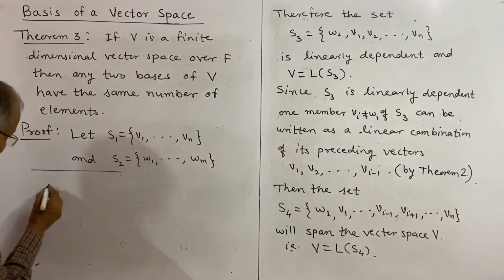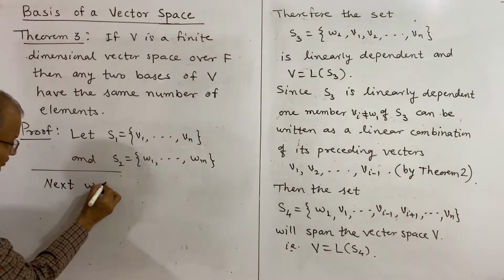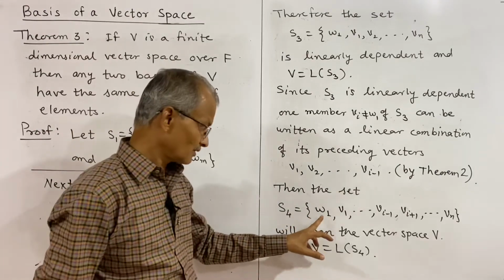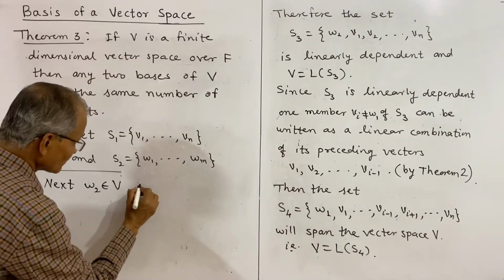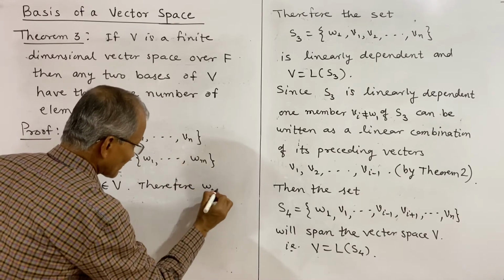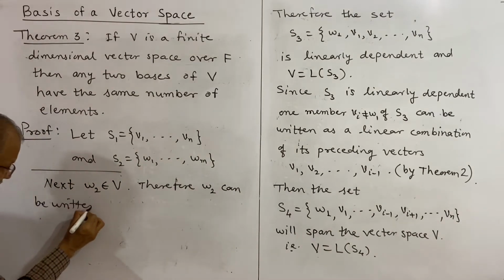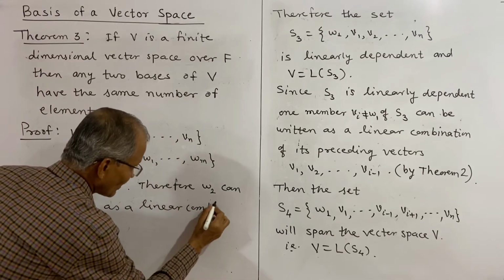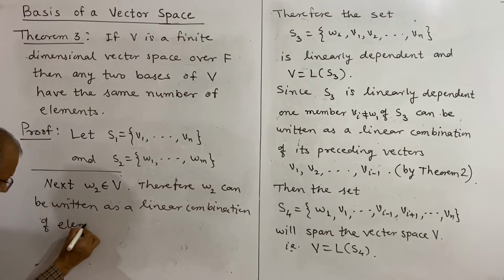Next, W2 belongs to V, and therefore W2 can be written as a linear combination of elements of S4.